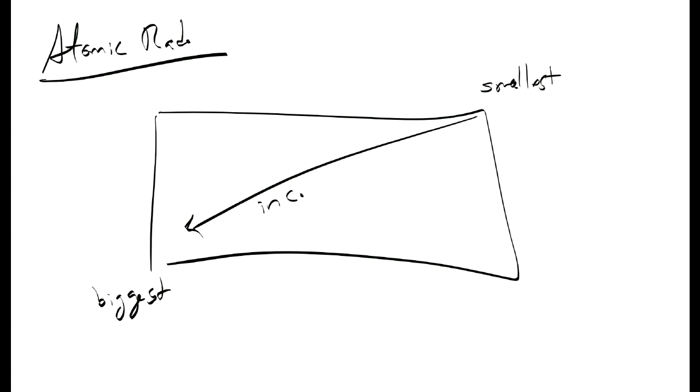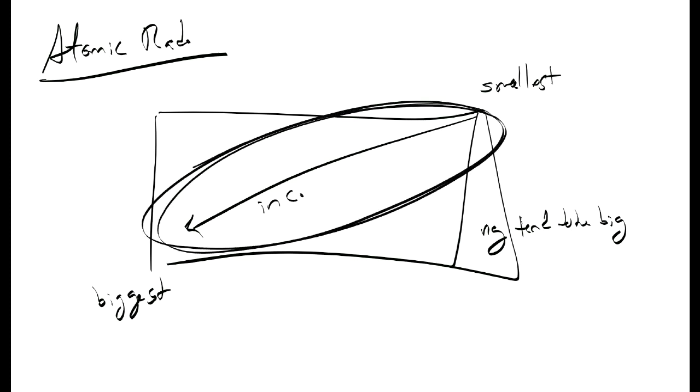There are some odd exceptions here and there. For example, noble gases tend to be big because they're entirely core, but let's not worry too much about that. Okay? Just remember this trend. Big on the bottom left, small on the top right.